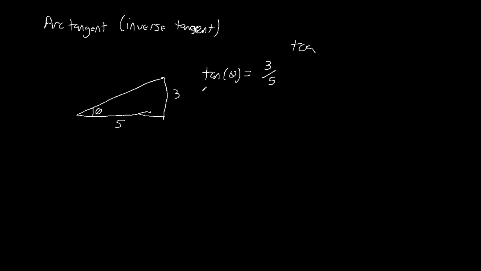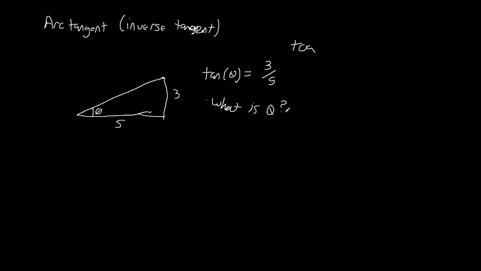And we know this is really useful. We found a lot of really good uses for this in terms of solving for different things like heights. But what if we wanted to actually know theta? What if we were given the tangent? What if we said that the tangent of theta was equal to 3 over 5, but we wanted to know theta? What is theta?